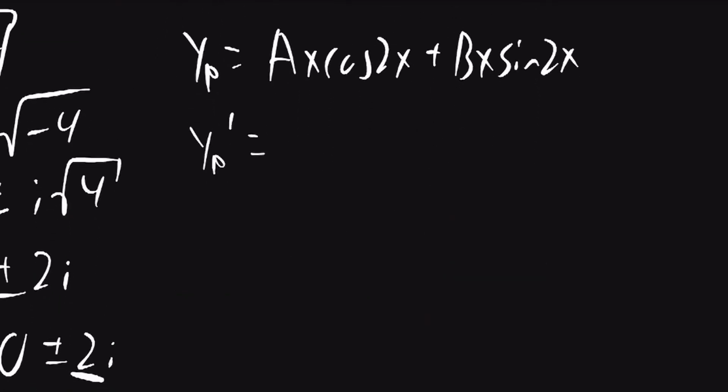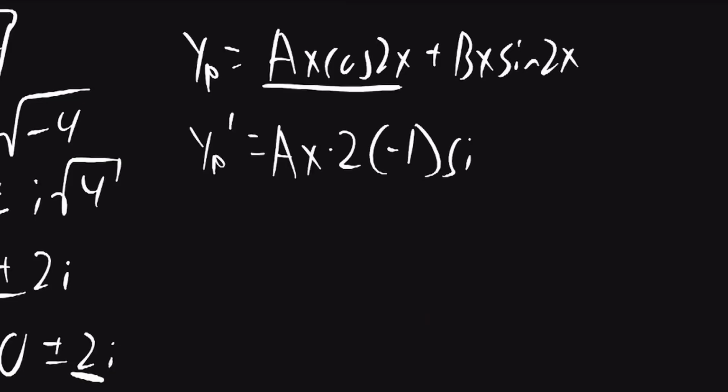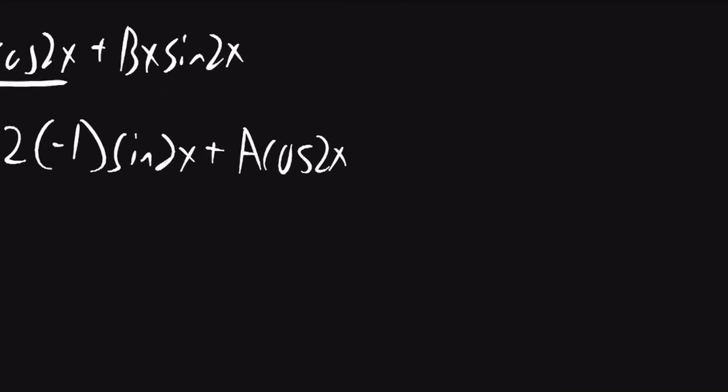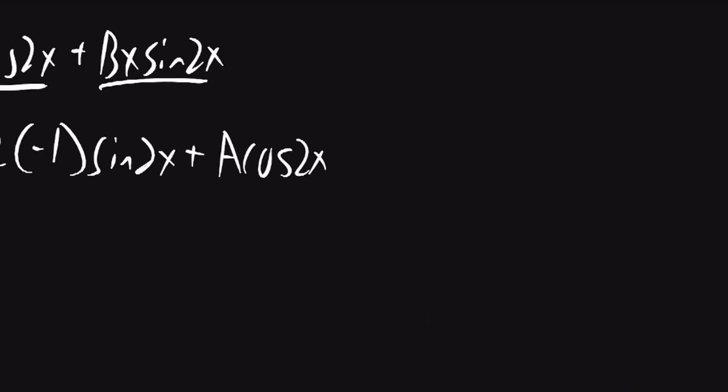We can now find the derivative of yp. yp prime is going to be equal to, for this first term, we'll have to use the product rule. I'll differentiate the cosine term and leave the x term alone. We'll get a times x times 2 times negative 1 sine 2x. The second term, I'll differentiate the x and leave the cosine term alone, so we'll just get a times cosine 2x. For the second term, I'll use the product rule, the same as I did for the cosine term.